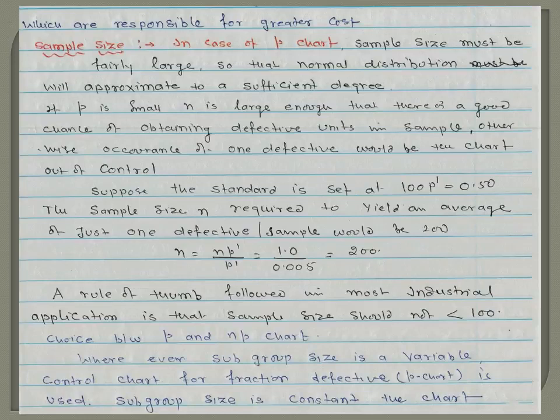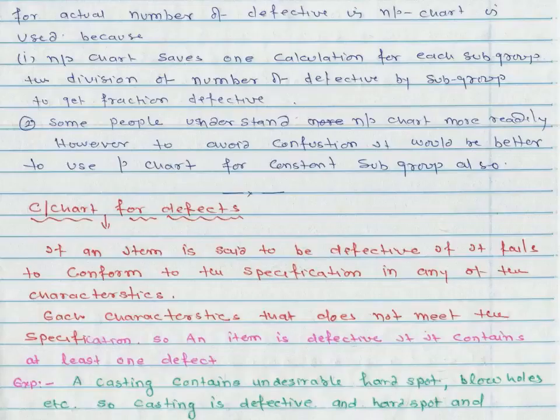So in such situations, when the subgroup size is variable, not constant, then generally we use the fraction defective or P chart. And when the subgroup size is constant, then we use the actual number of defectives in NP charts.